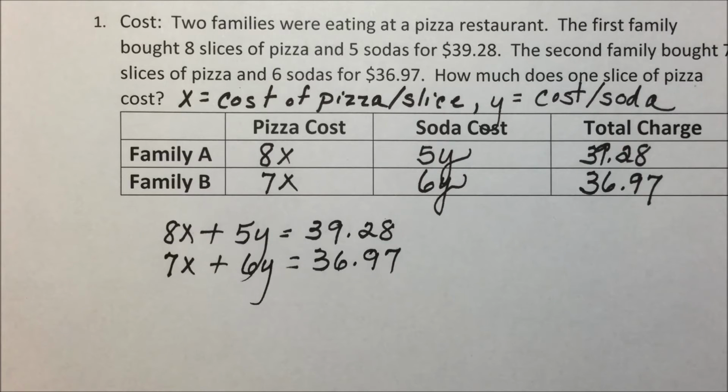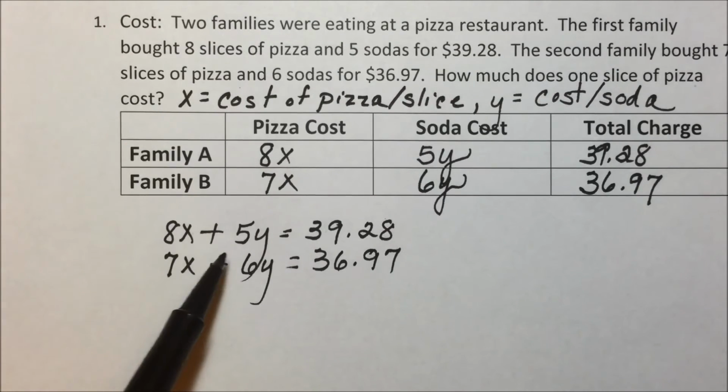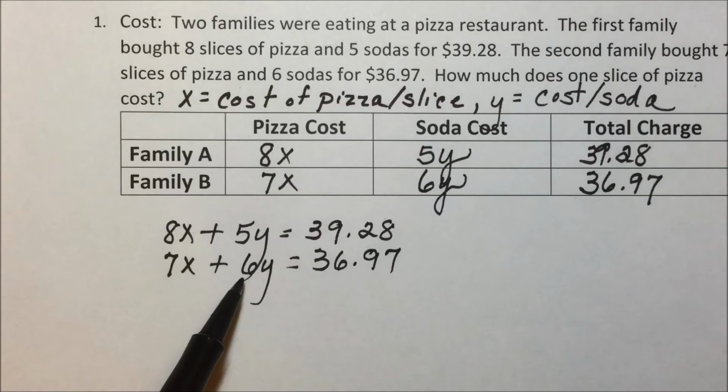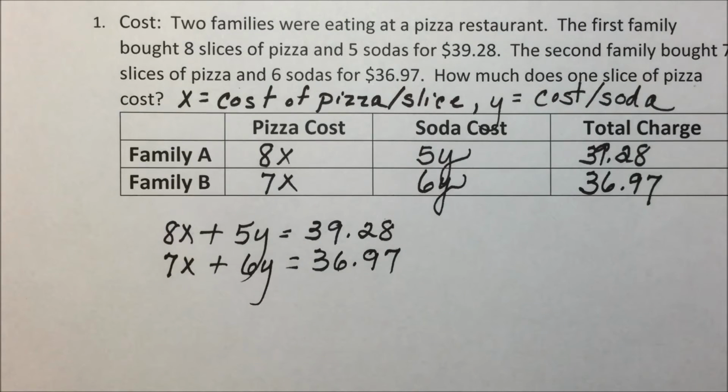We have multiple ways of solving this using the elimination method and picking on one variable or the other. 5 and 6 are smaller numbers than 8 and 7, so I'm going to target the y and eliminate y, leaving x that we're trying to find, so I have method in my madness.